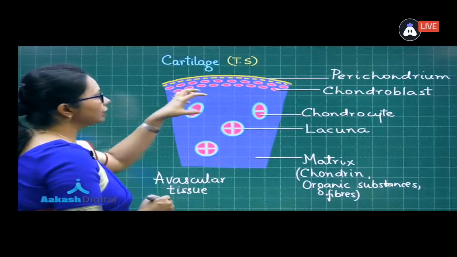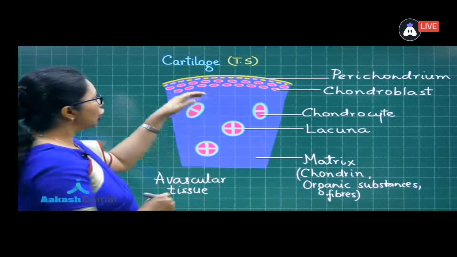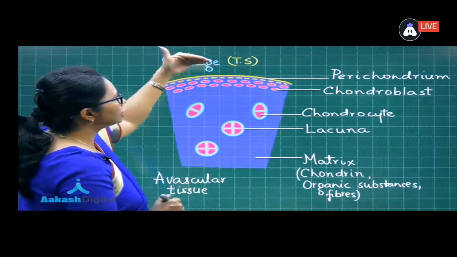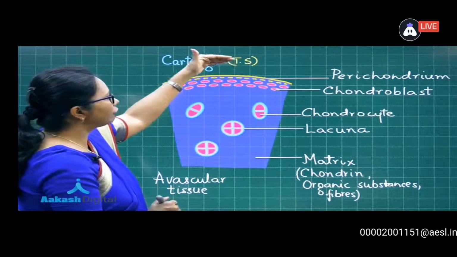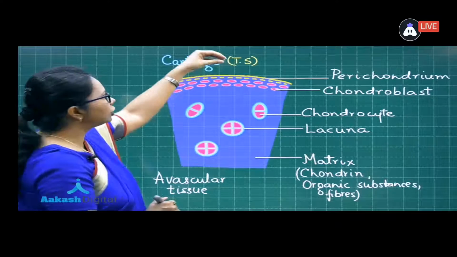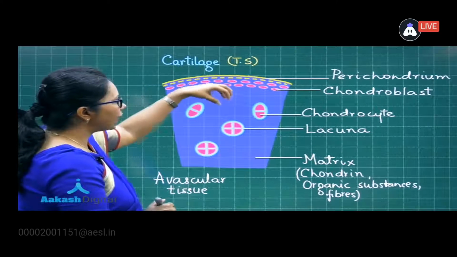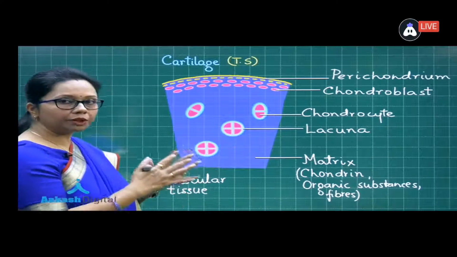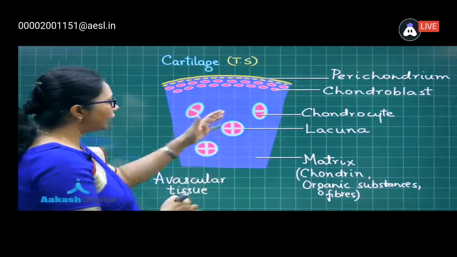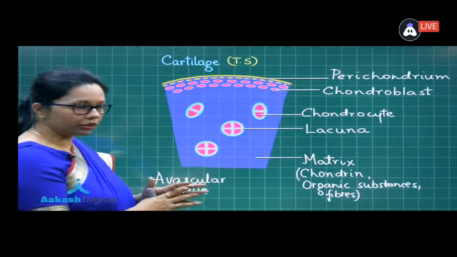So how do the cells get nourishment? So there are certainly blood vessels outside the perichondrium, and from there, from the capillaries, the nutrients will be diffusing and they will be passing through the matrix. And matrix being totally organic, the substances can easily diffuse and reach up till the underlying cells.